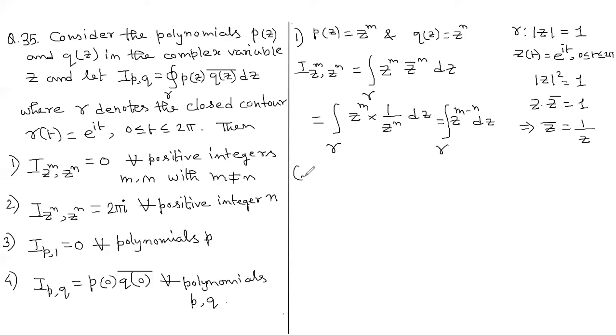Now the first case, case 1, if m minus n is strictly greater than 0, then this becomes a polynomial.